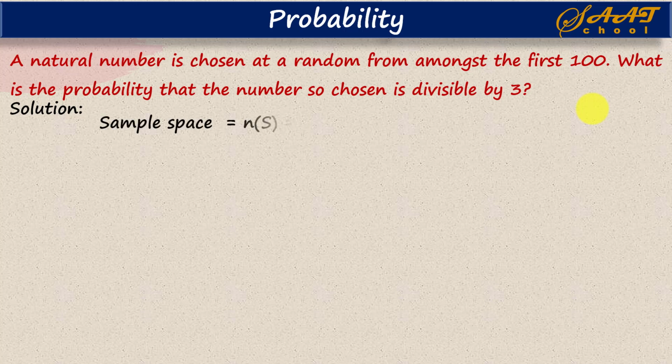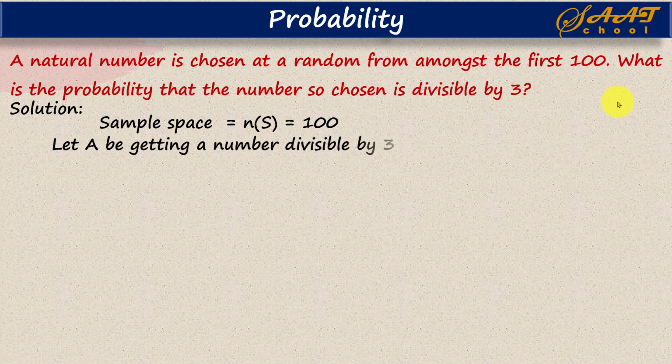So we have to know how many numbers there are among the first 100 which are divisible by 3. Again, the first 100 numbers represent the sample space, and that is n(S). So these are the possible outcomes, and there are 100 possible outcomes. n(S) is 100. Now let A be getting a number divisible by 3.